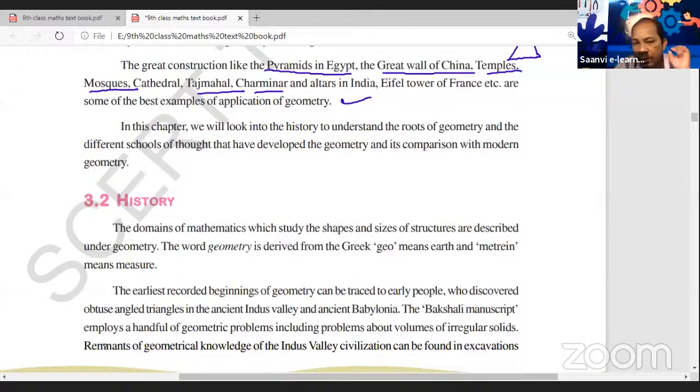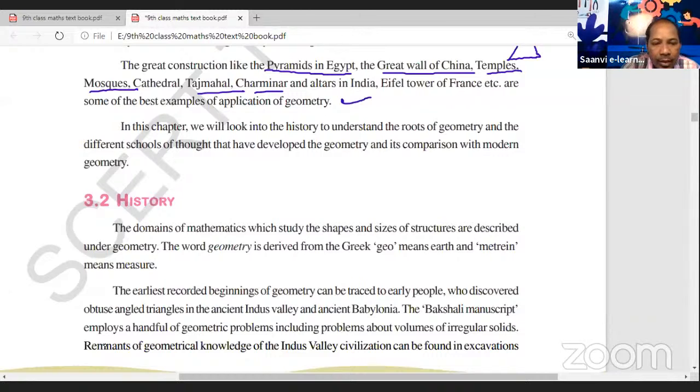To draw any size and any shape, geometry is involved. If you want to draw something like a bird or animal, in every drawing geometry is involved.